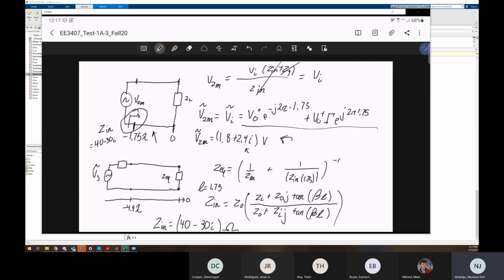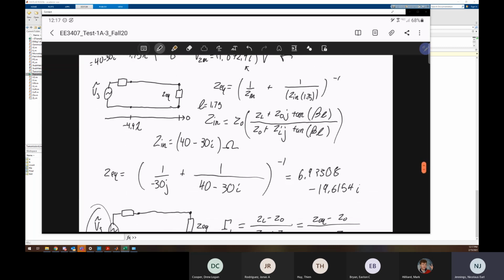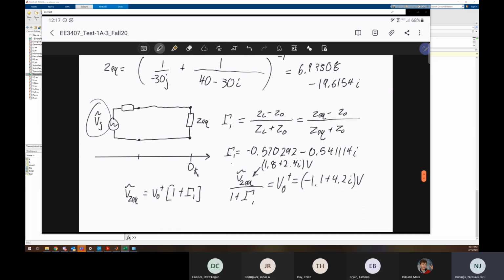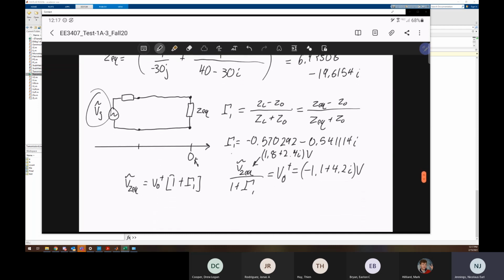By using that voltage, we can transition into a different transmission line and solve for V naught plus in another transmission line. So VZEQ is equivalent to VM, or VZM, which is equivalent to, in this transmission line, V at location 0. Okay. And because e to the j 0 is just equal to 1, you don't see those e's in that equation. This is also similar to voltage at a load, so that may be where you recognize that.